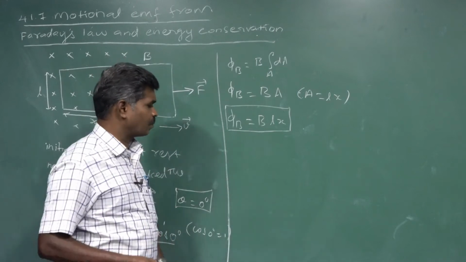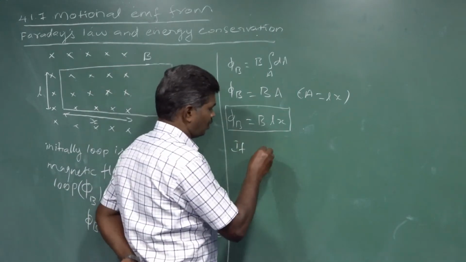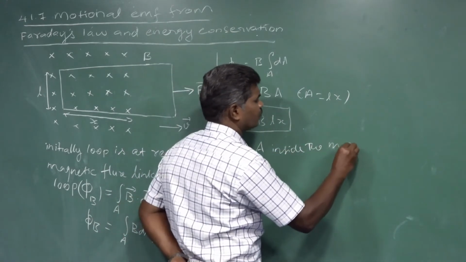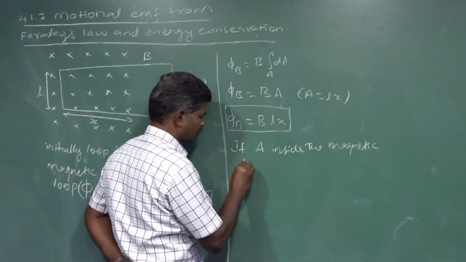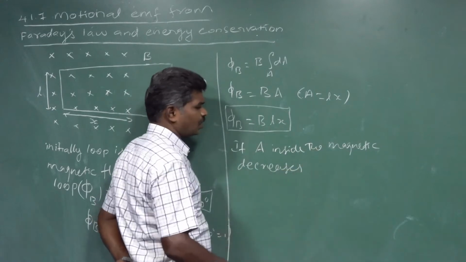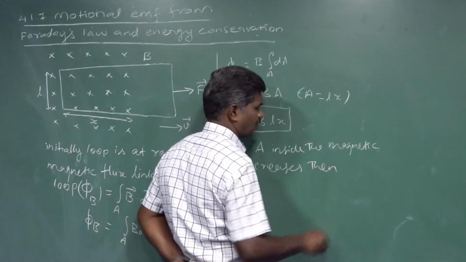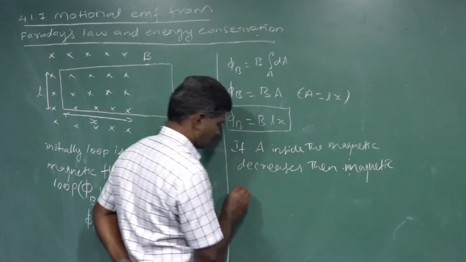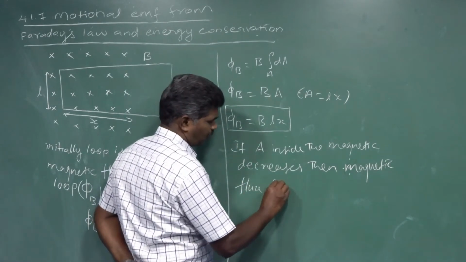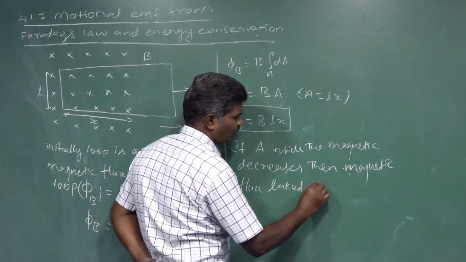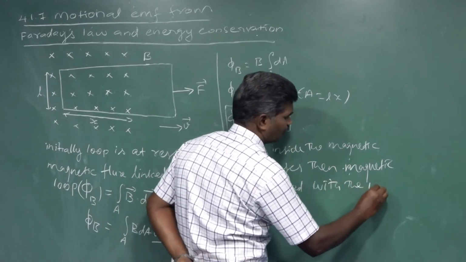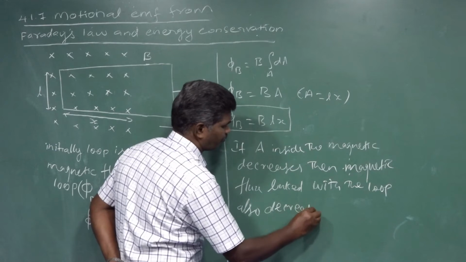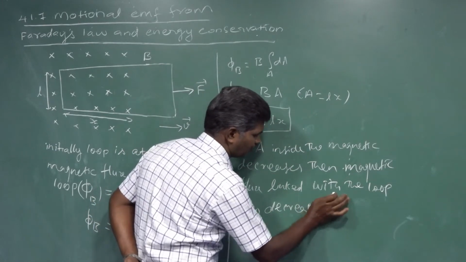Anyhow, if the area inside the magnetic field decreases, then the magnetic flux linked with the loop also decreases.